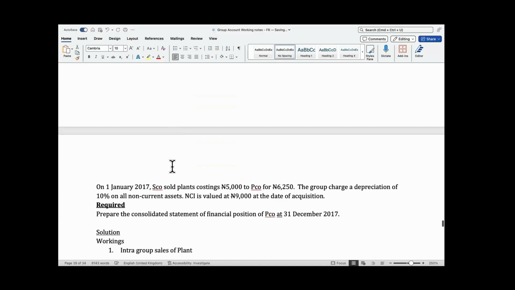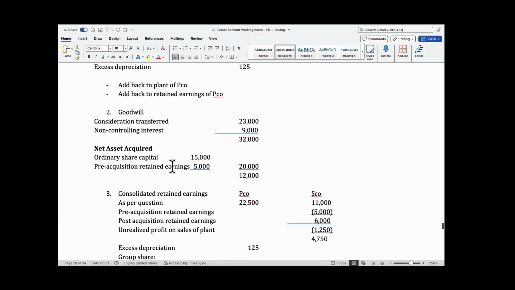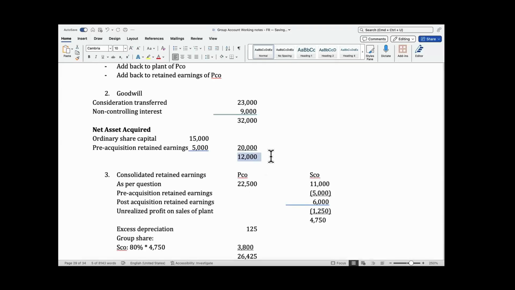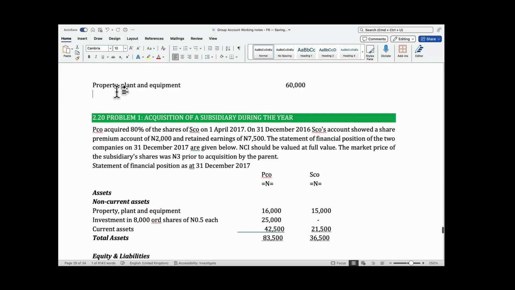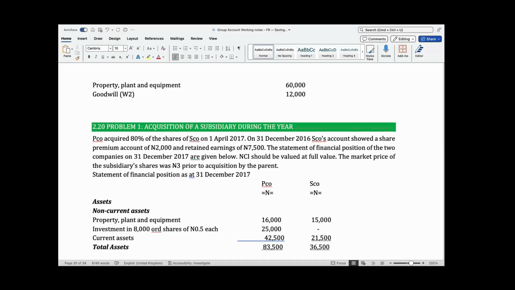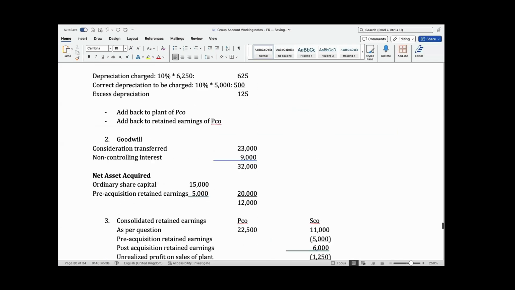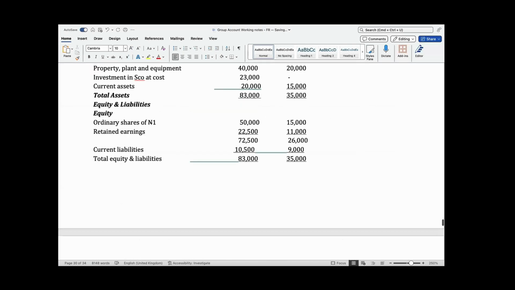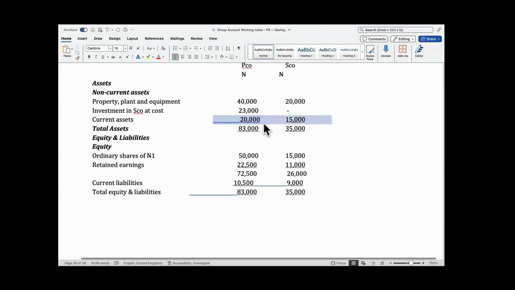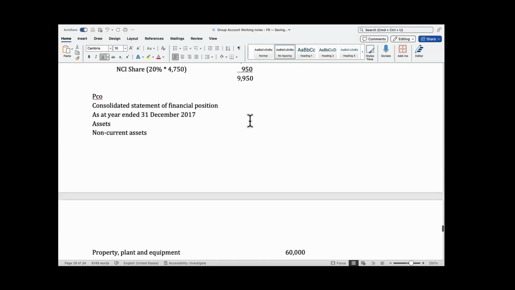Investments, that has been cancelled out, giving goodwill of 12,000 in workings 2. Then my current assets. What's the addition? 35,000.